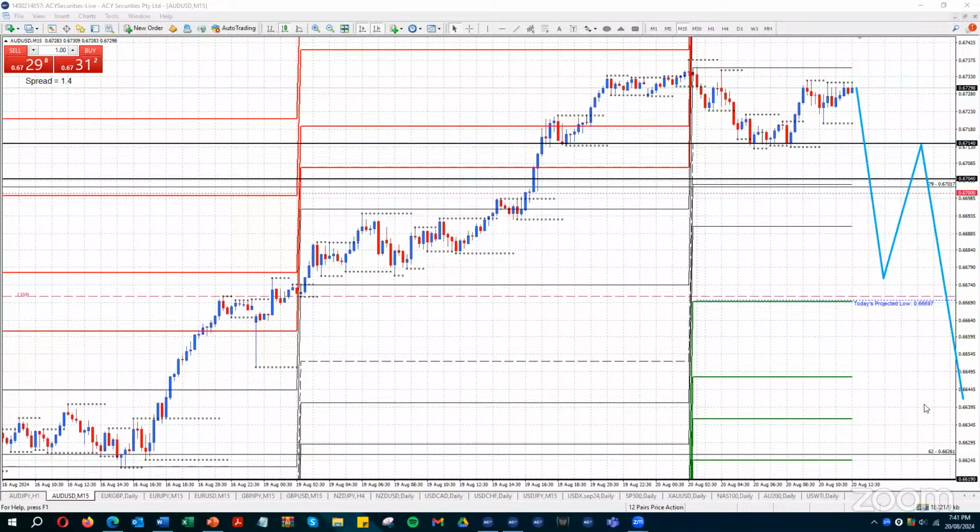Now, of course, if you're thinking of getting short a pair to the US dollar, you want to see all the US dollar correlate pairs wanting to move down. If you're trying to short this and all the other pairs to the US dollar are moving up, you're going to be wrong. Same with any other pair that you're looking at if you're trying to short it. So I would definitely make sure that everything is doing the same thing.